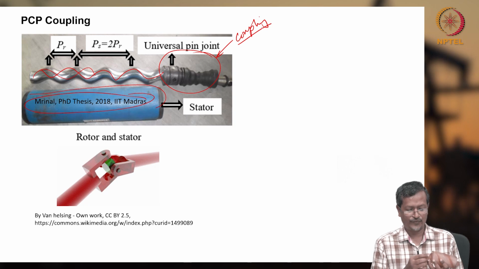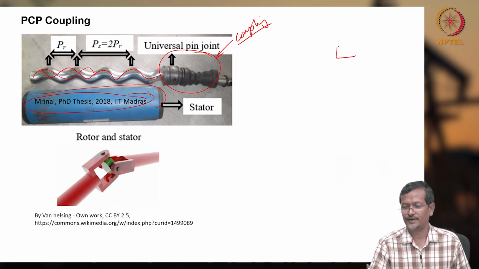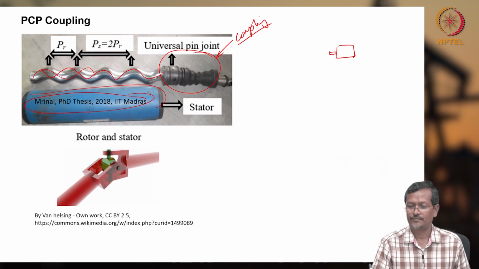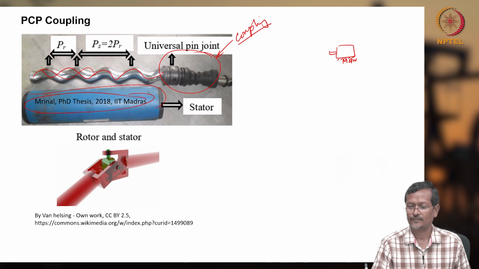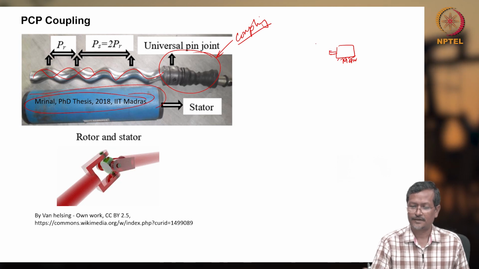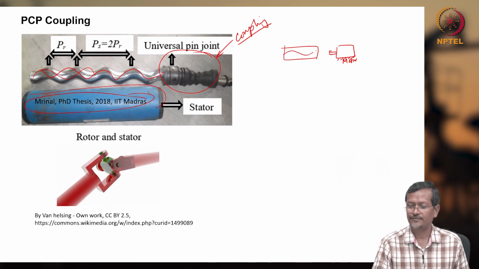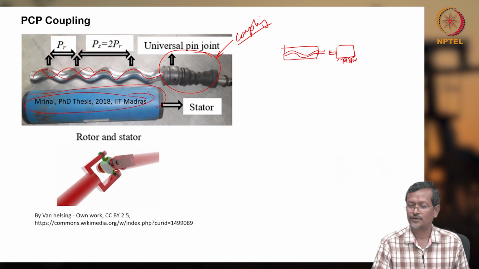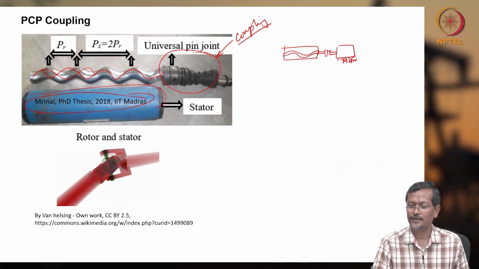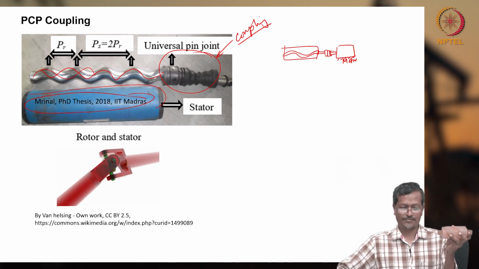When the central axis is moving and you have a motor, let us say I have one fixed motor here. Now I have one pump having my helical rotor. The rotor end must be connected to the motor shaft. Now I have a fixed motor shaft.